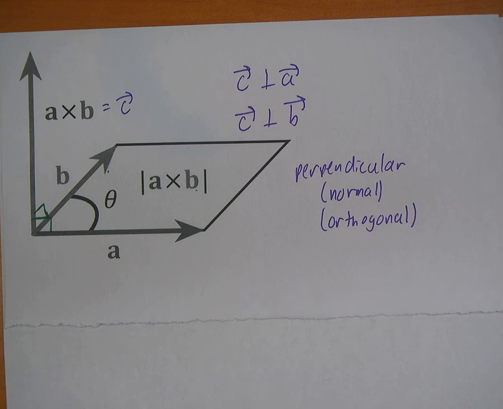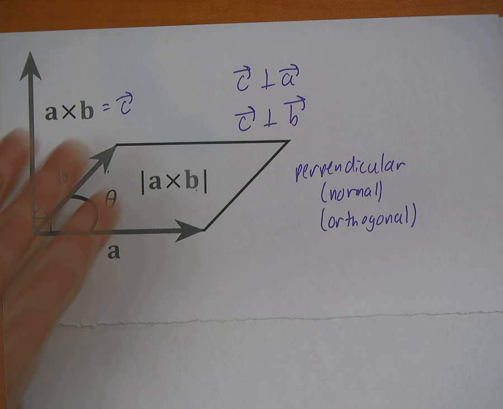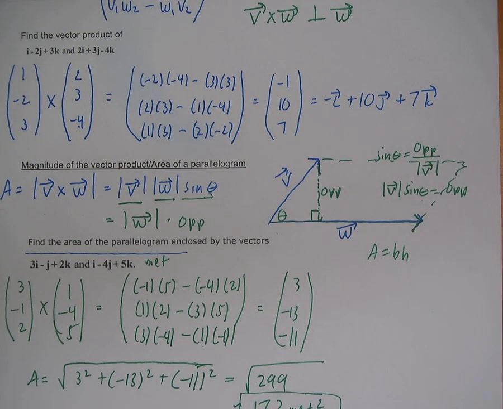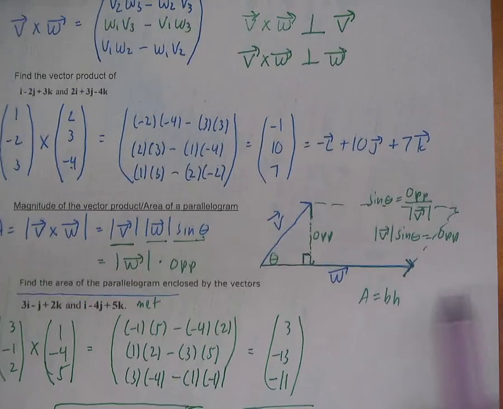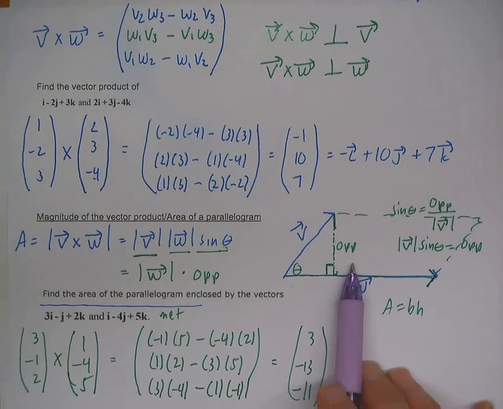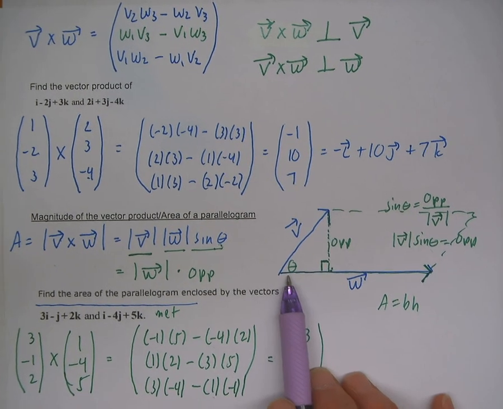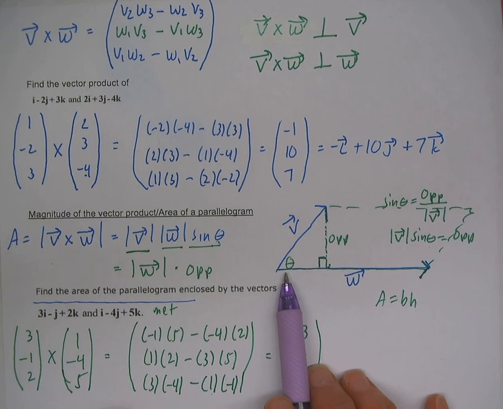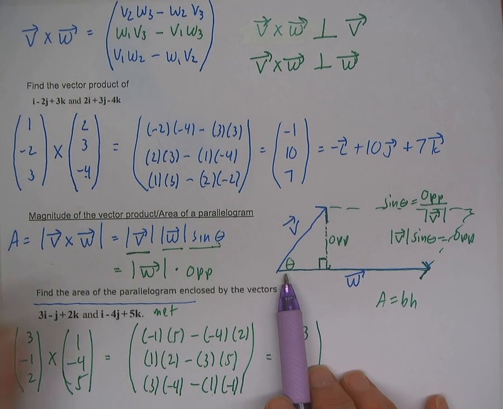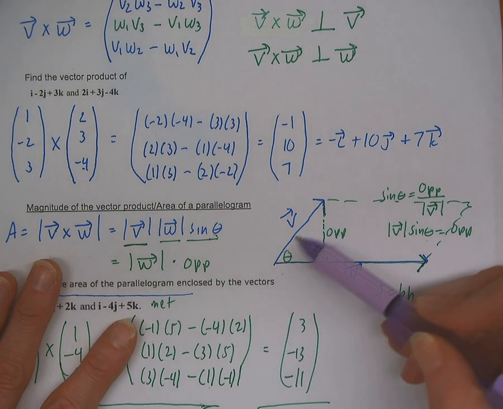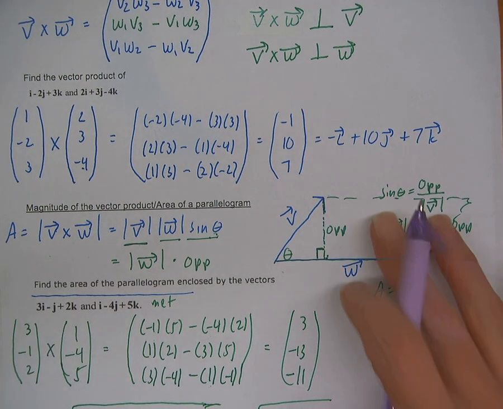There's one last concept that I wanted to briefly discuss. When we're doing a cross product between two vectors, what we're kind of doing is seeing how much these two vectors are going in different directions.